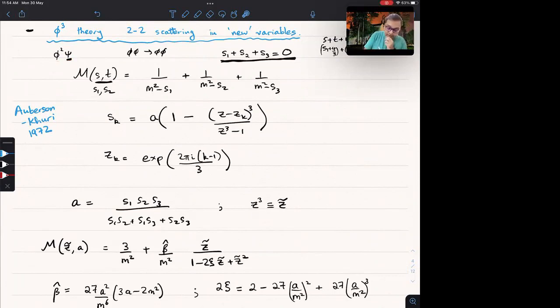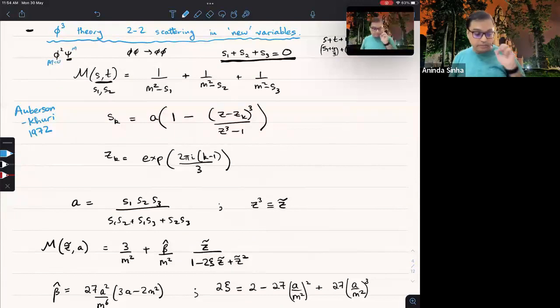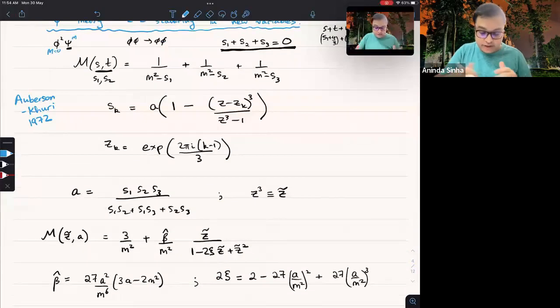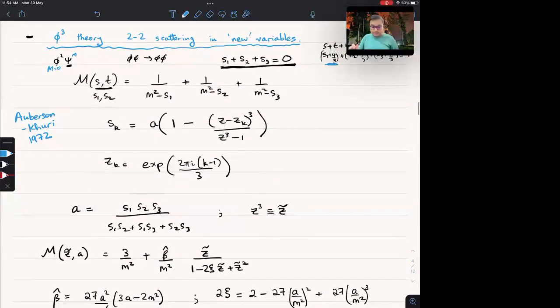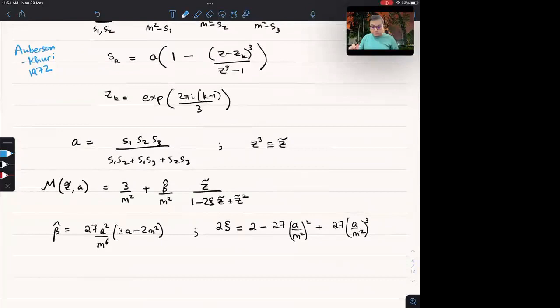I see. That's your theory. This is m equal to 0 and this is m. Yeah, this is just for simplicity. You can do it for phi cube theory and do this shift. Okay. Thank you.